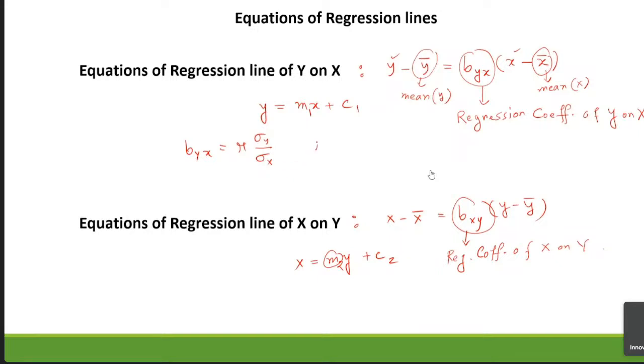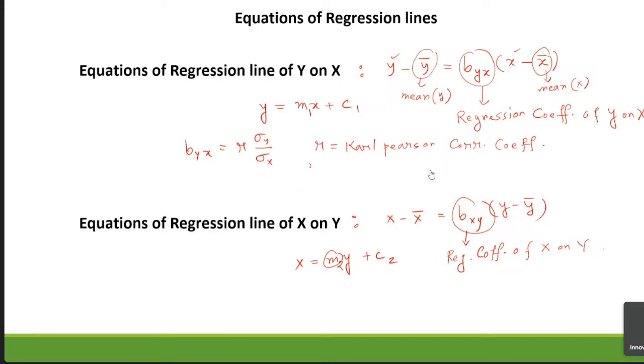Now what is r? r is the Karl Pearson correlation coefficient. I do not have the scope to discuss how to calculate the correlation coefficient, because in another video we will discuss how to find out the correlation coefficient and what is it, everything about it.